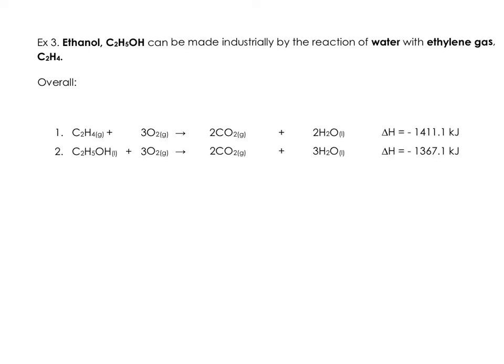Perfect. Okay, ethanol can be made industrially by the reaction of water with ethylene gas, C2H4. We don't have an overall reaction, but we do have enough information to write it out. So we know that water reacts with ethylene gas to produce ethanol.